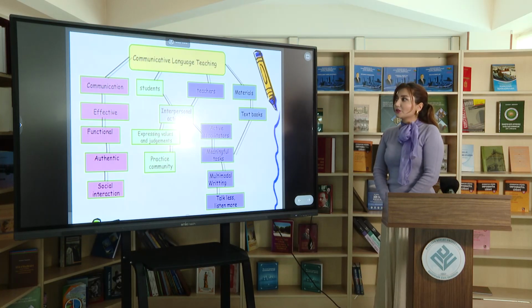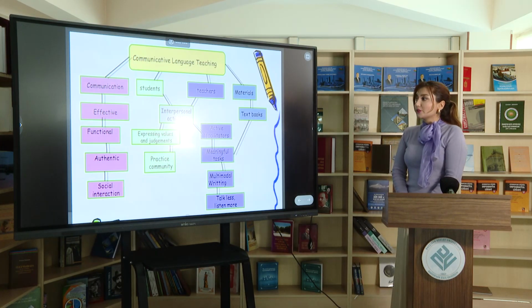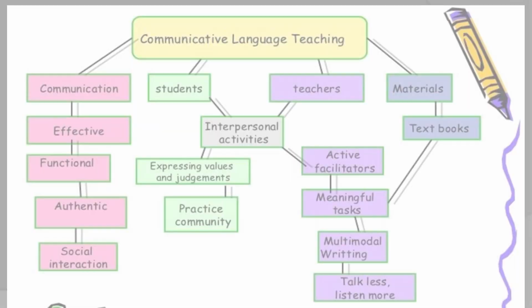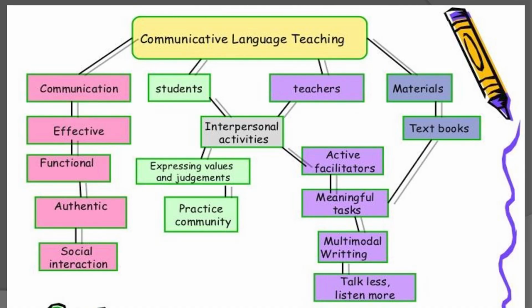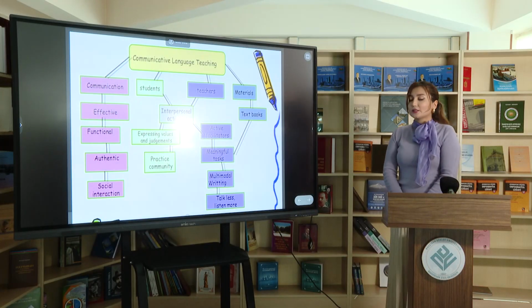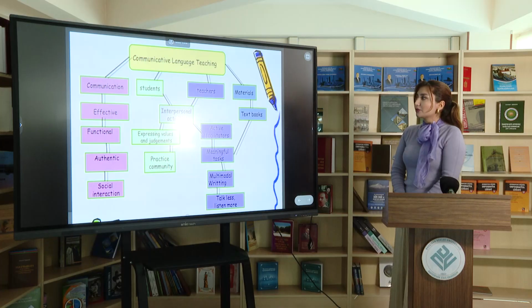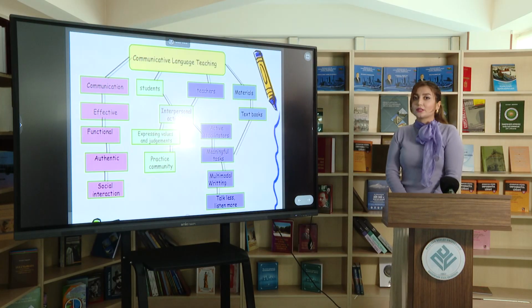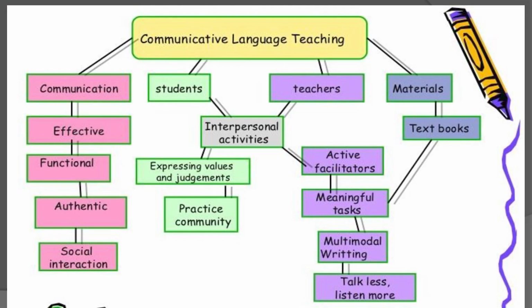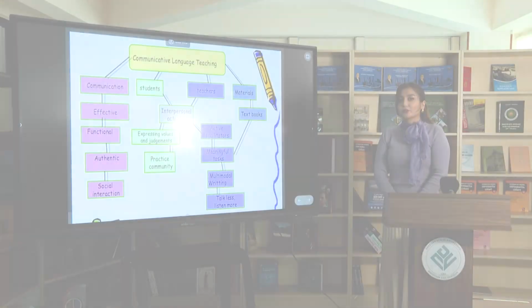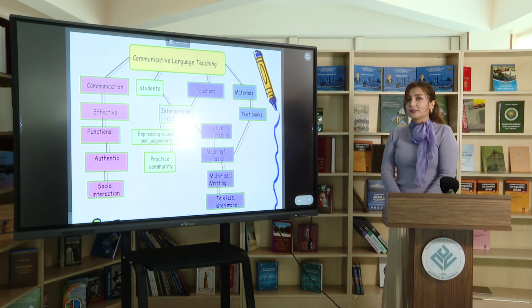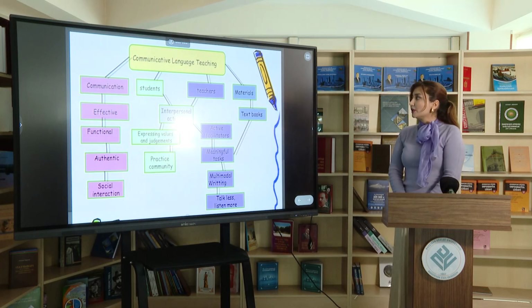Communicative language teaching relies on communication, effective lessons, and functional language use or using authentic sources or materials, and social interaction is an integral part of communicative language teaching, and students and teachers can interact with one another, expressing their values, judgments, and opinions about any real world situation, and practice the feeling of community.